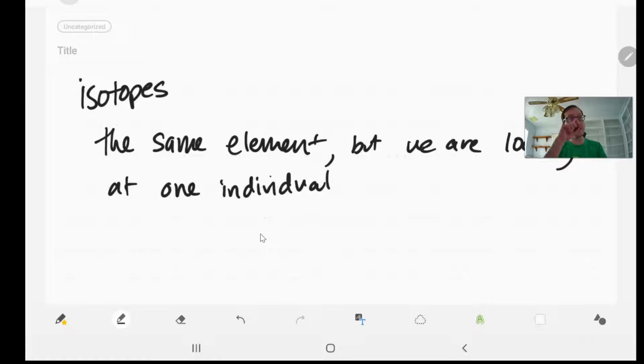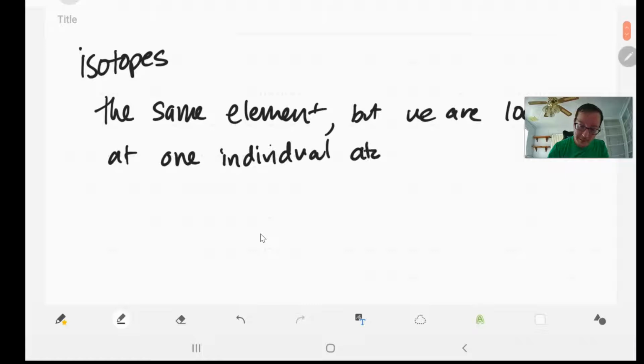Normally, as we've seen with the idea of moles, there are quite a few atoms in even a relatively small amount of mass of water. For example, 18 mL, about a tablespoon of water, is 6 times 10 to the 23rd molecules. So that's a huge number of atoms. But with isotopes, we're just looking at one particular atom at a time.